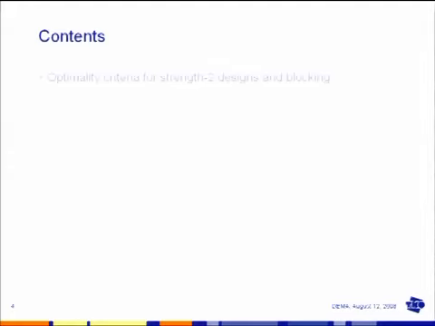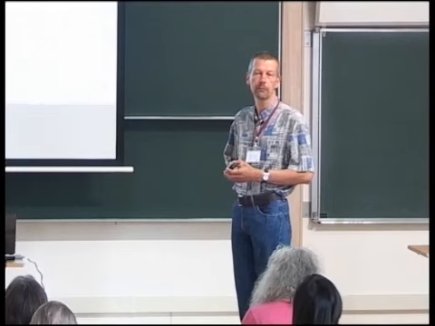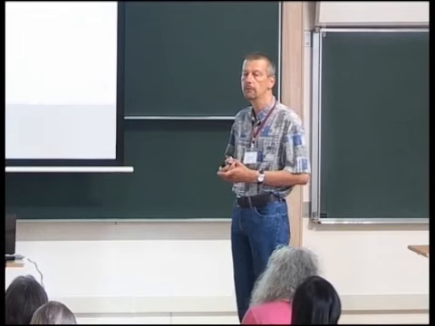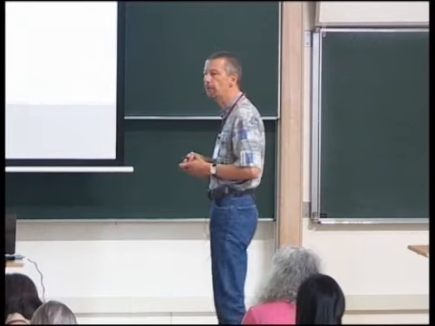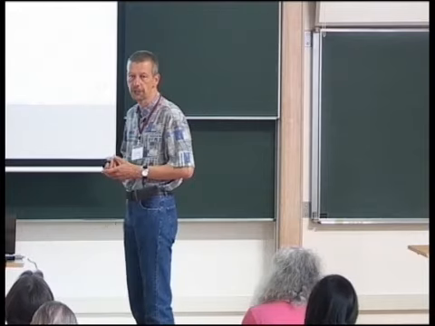Here are the contents of my talk. I first want to discuss with you some mostly existing optimality criteria to judge the quality of orthogonal arrays of strength 2, and also to judge the quality of a blocking arrangement of such an array.